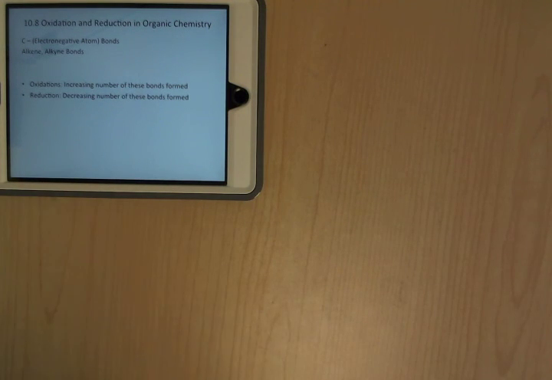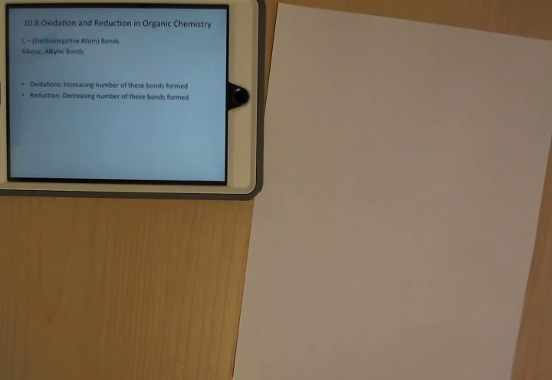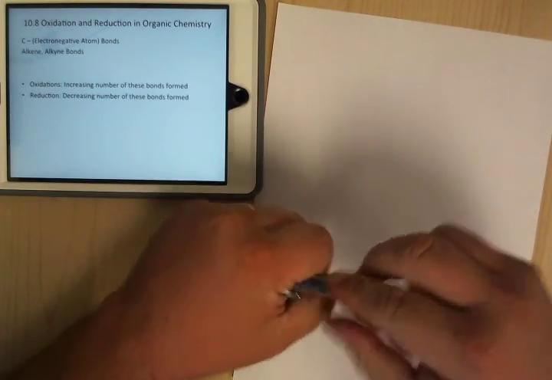So you can think of this as oxidation. We have this concept of oxidation and reduction in organic chemistry, and there's two different types of ways you can do this. You can think of it as carbon-electronegative atom bonds, particularly things like carbon-oxygen bonds.